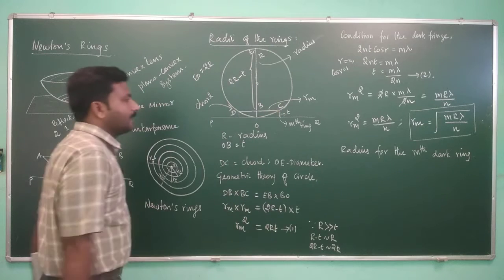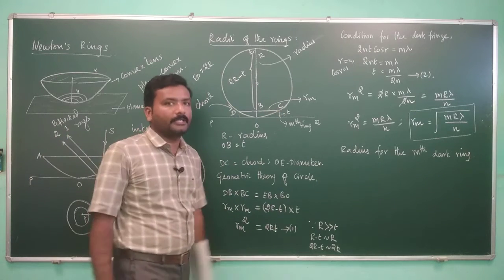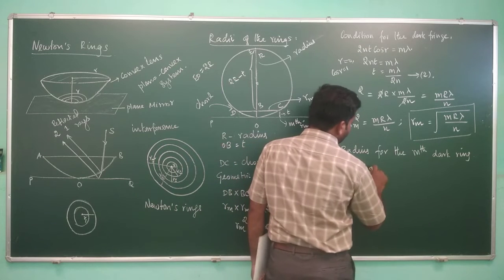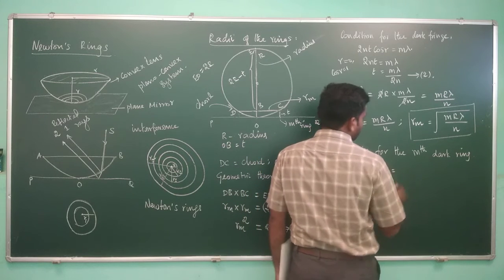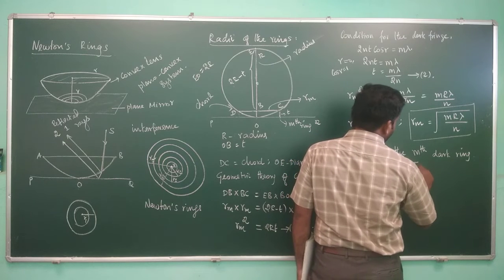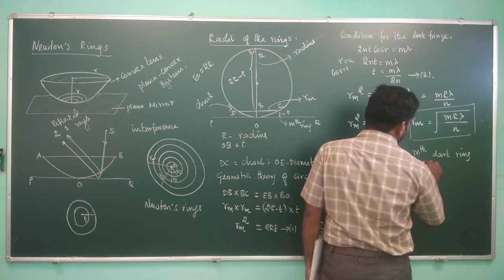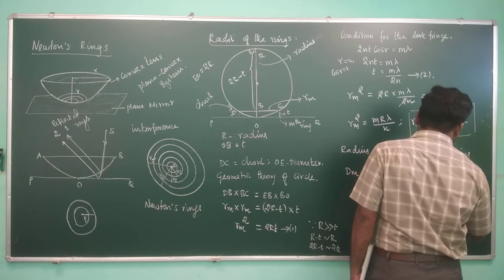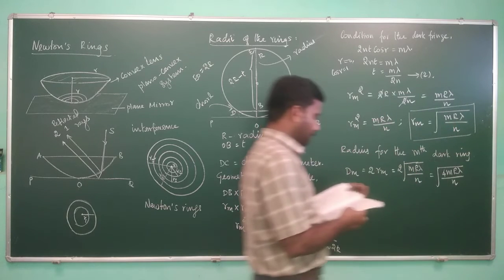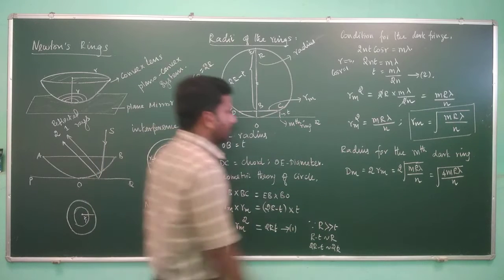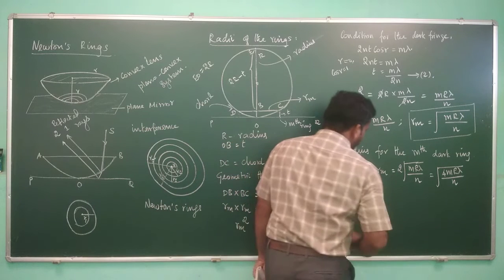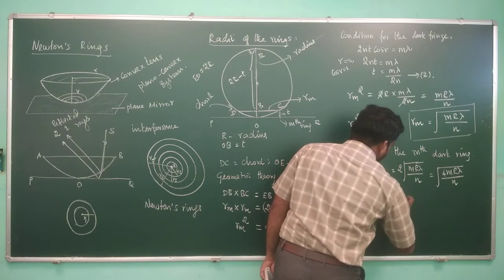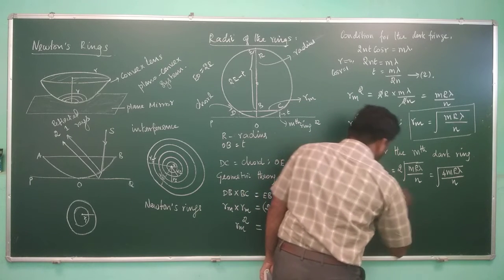Okay. Now if you want the diameter of the mth dark ring, what you have to do, you have to multiply it by 2. So the diameter of the mth ring is nothing but 2 times Rm, which is equal to 2 square root of m R lambda by n, or you can write square root of 4 m R lambda by n.